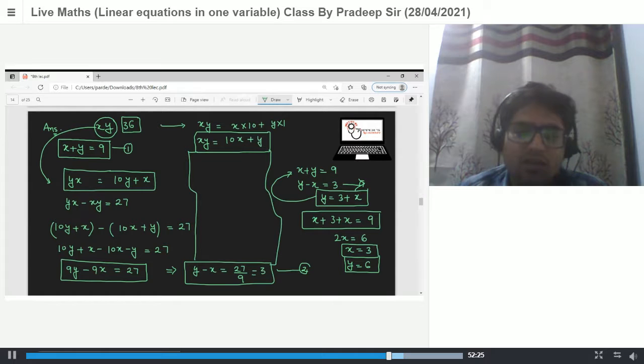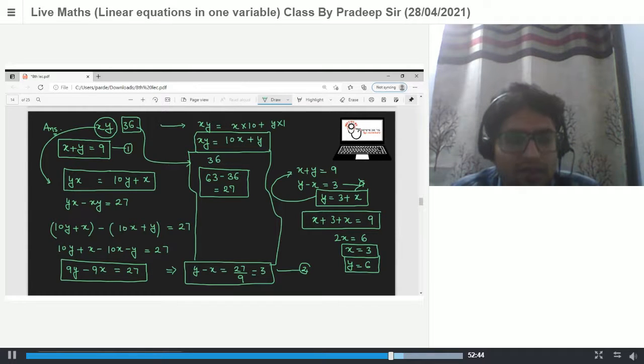If the answer is 36, after interchanging the digits we get 63. And if you check 63 minus 36, this is equal to 27. So this is your new minus old number.